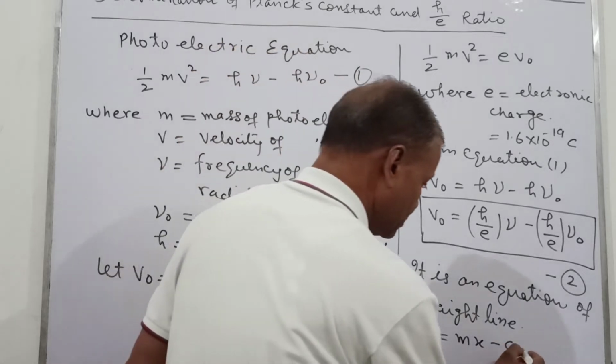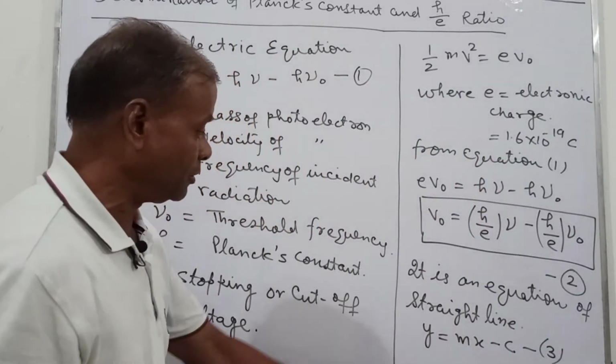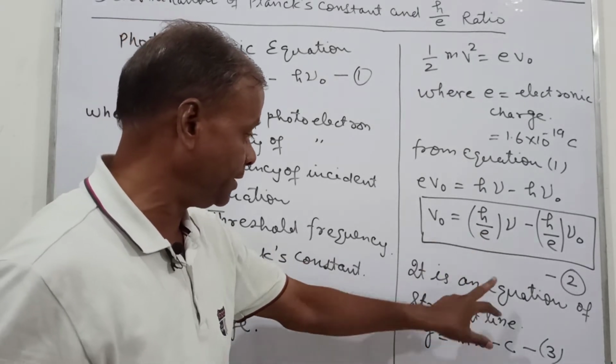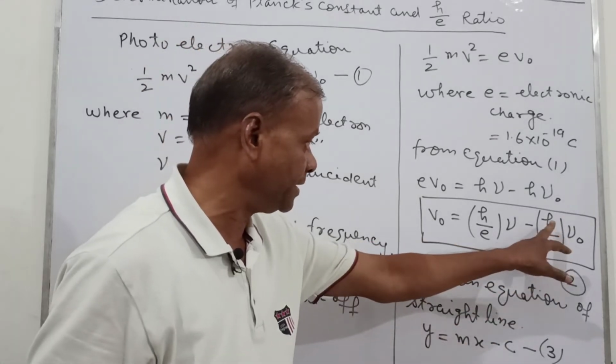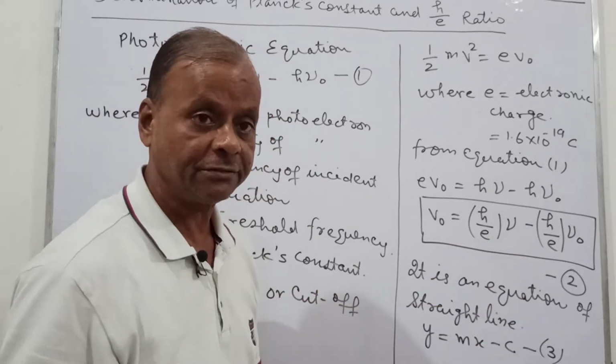So now this is equation 3. Here V naught is equal to y, m equal to h by e, x equal to nu, c is equal to h by e into nu naught. So this is the straight line equation.